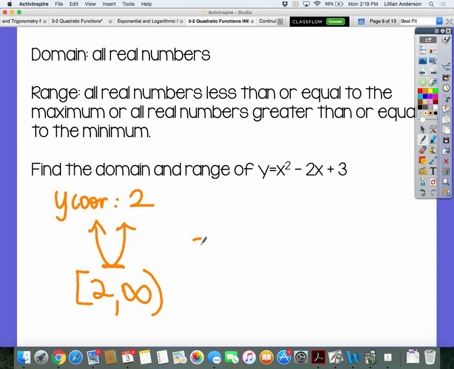What if I wanted to write it in set notation? And this is the range that we're talking about, guys. I'm sorry. I skipped domain. I wasn't even thinking about it. No, not all real numbers. Oh yeah, the domain is all real numbers. Sorry, my bad. The range in set notation. How would I write that?